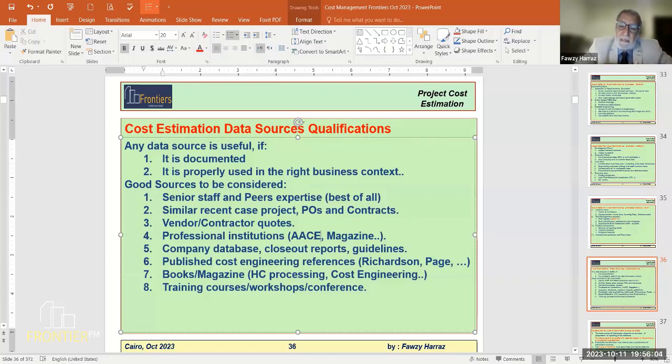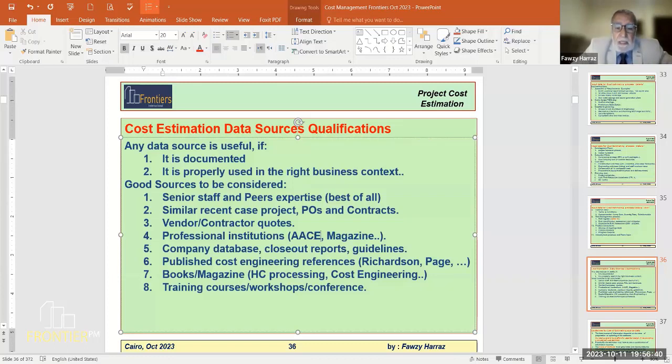There's lots of detail there. The thing is, you have to be very careful in using these unit rates, because normally they refer to projects done in either Europe or the United States. In the Middle East, the unit rates definitely are different, because the labor productivities, the market sources and the labor unit rates are different. So we have to be very careful when using information from these sources.